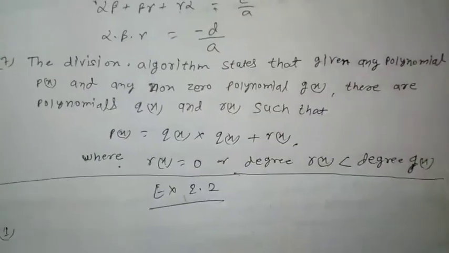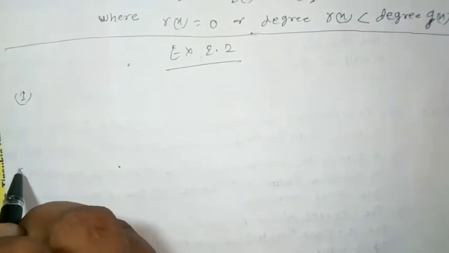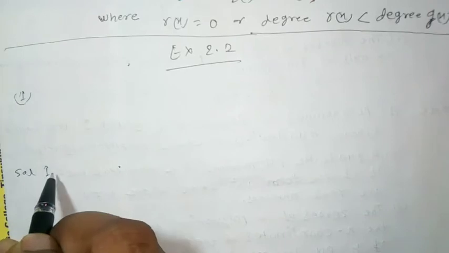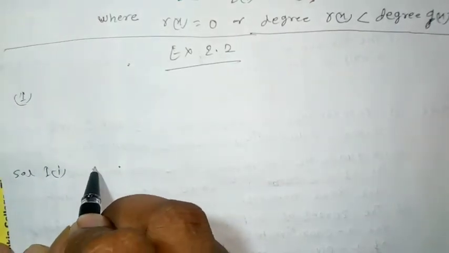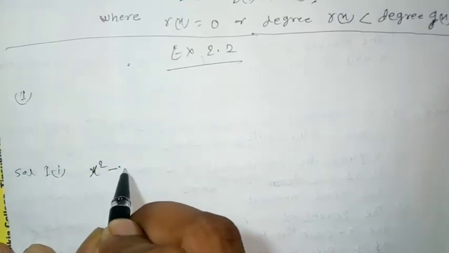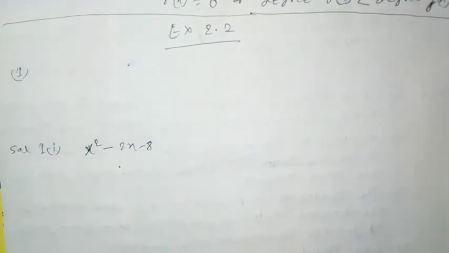The first one is x square minus 2x minus 8.